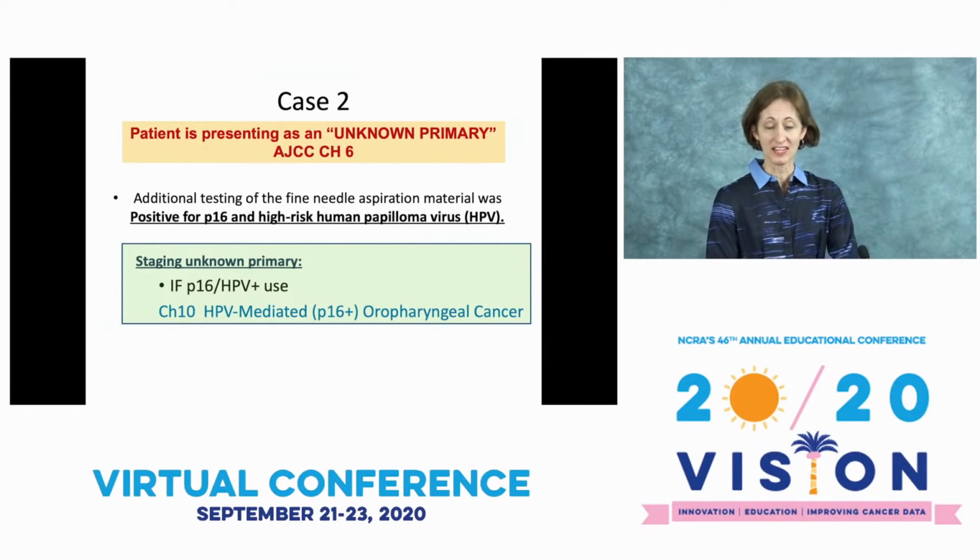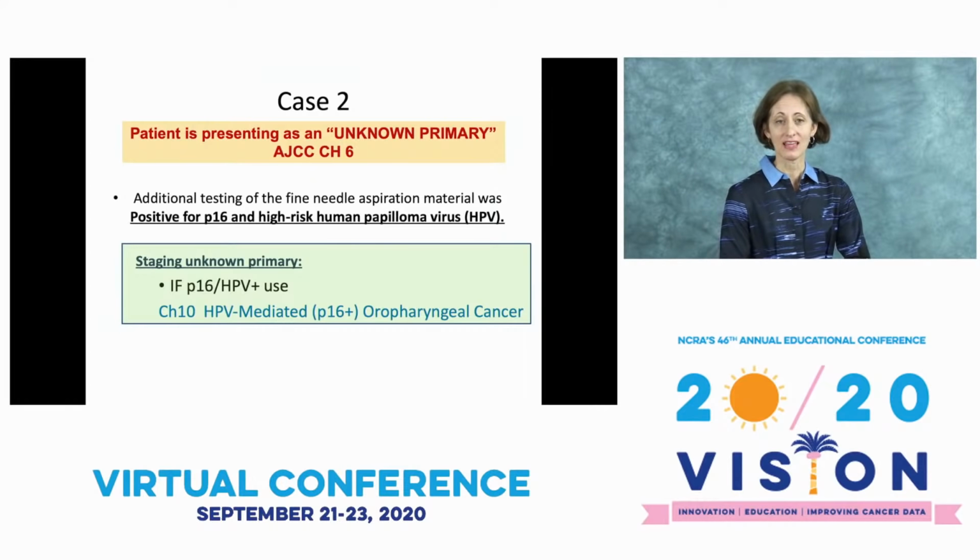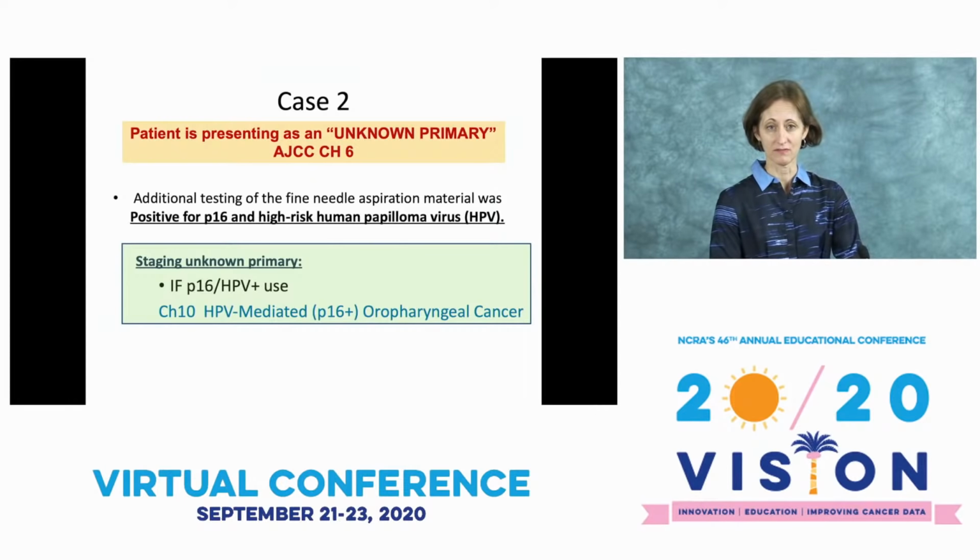So this patient, our patient, did have that additional testing. The tumor cells were positive for P16, which means that they're diffusely positive, and the high-risk human papillomavirus test was also performed and was positive. Now, we don't always get both tests.